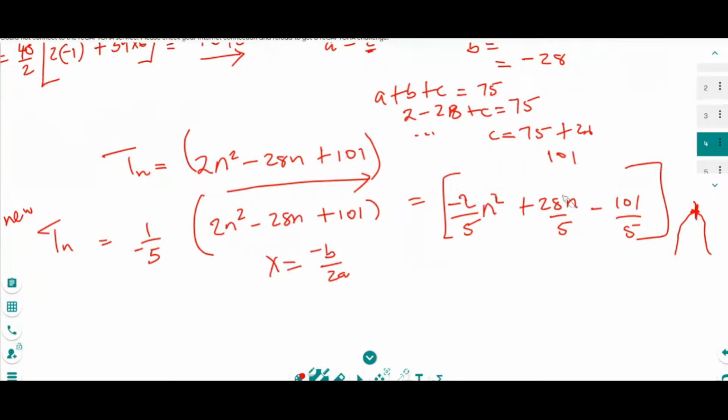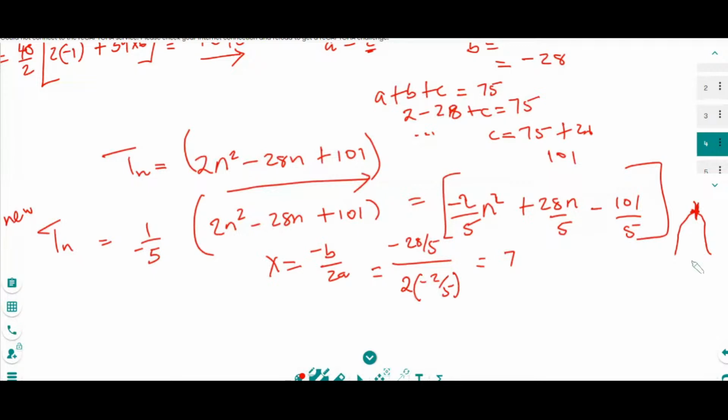So our b is 28 over 5. Our a is negative 2 over 5. So we substitute that. So negative 28 over 5, we are dividing it by 2 times our a, which is negative 2 over 5. Put this into the calculator. I'm gonna get 7 as my answer. But this 7 is just like the x-coordinate of the turning point.